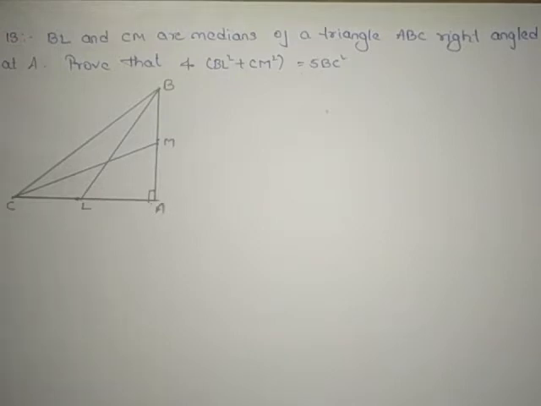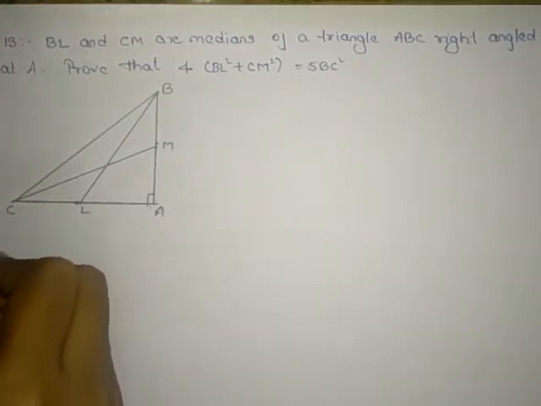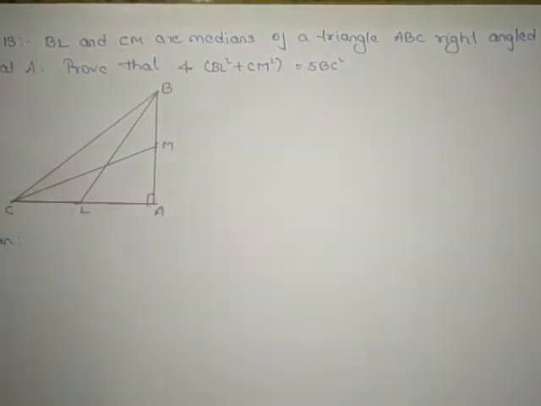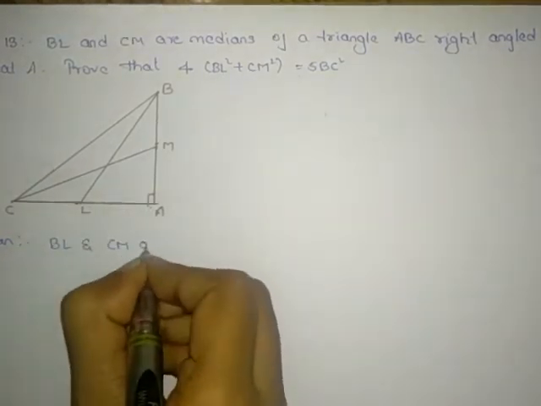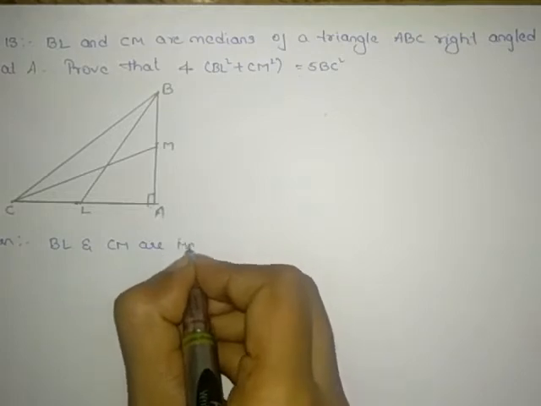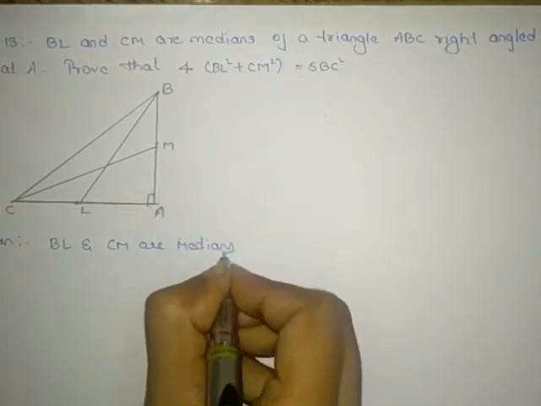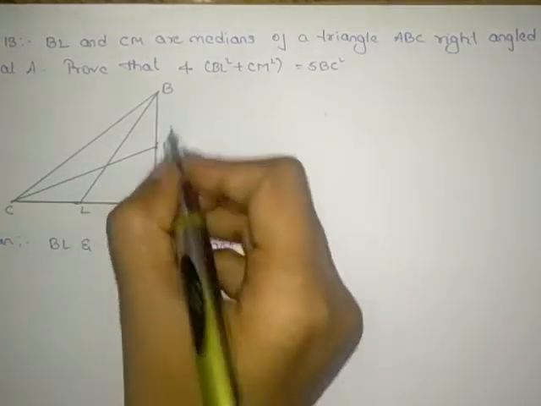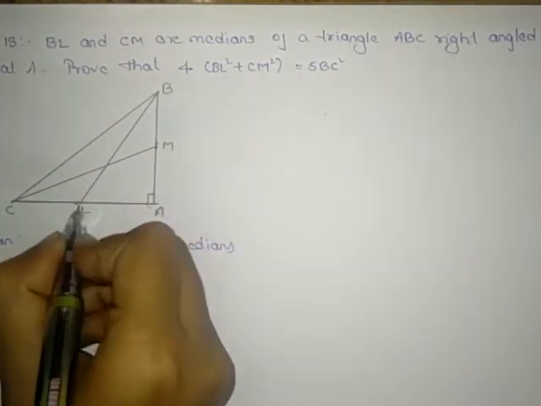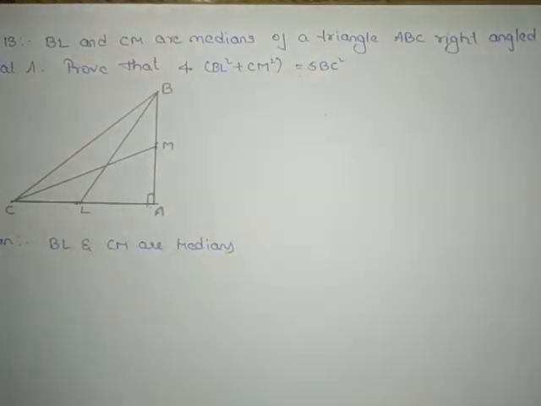So let's write the given things first. What all they have given? BL and CM are medians. Medians means what? The midpoints. M is the midpoint of the side AB, and L is the midpoint of the side AC, right?